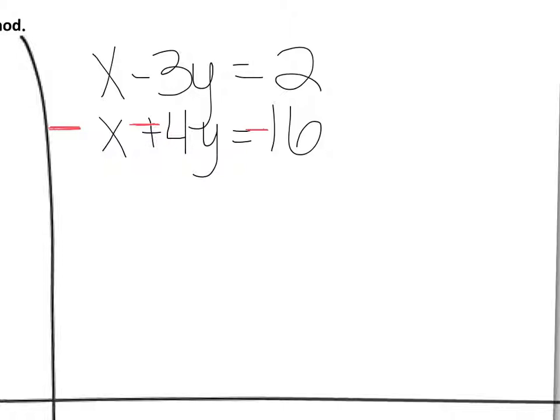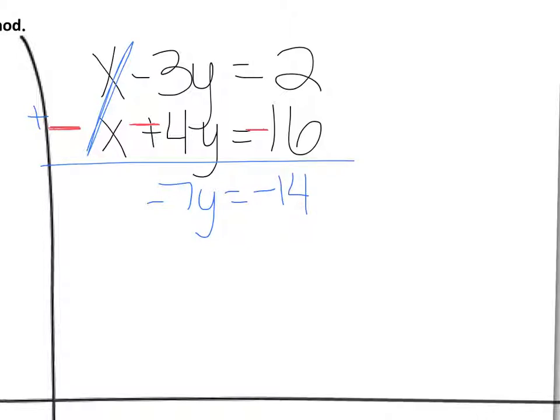Once you change your signs, now if I add my equations, x plus negative x, they cancel out. Negative 3y plus a negative 4y, negative 7y. 2 plus a negative 16? Negative 14. I am only left with one variable, so if I divide both sides by negative 7, y equals 2.